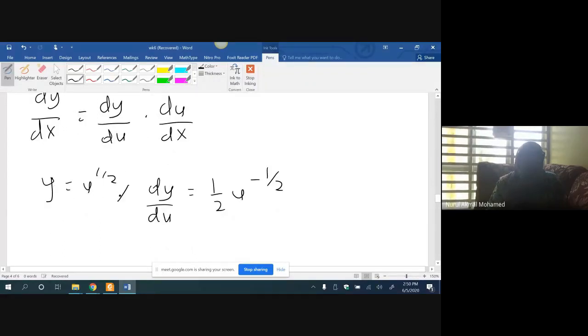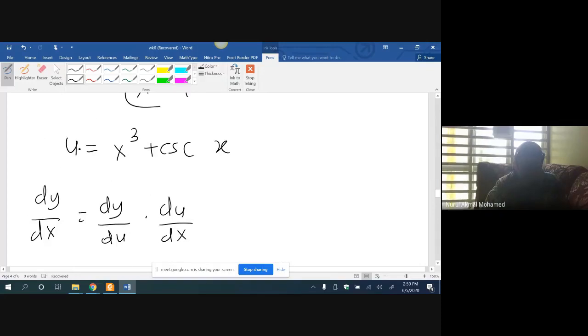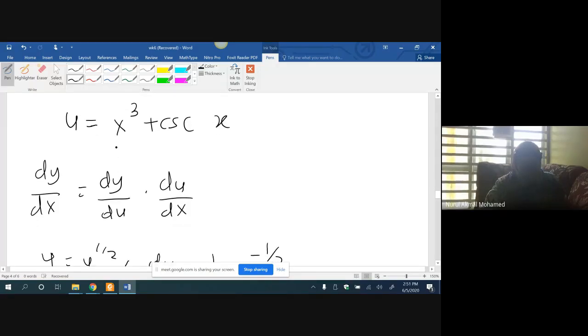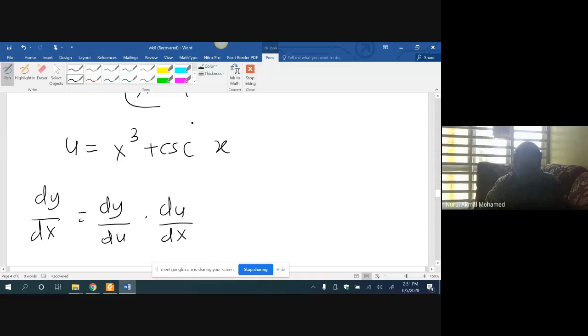And then what about du/dx? The function u is this one. You differentiate u with respect to x. This one you can solve by using power rules. It will be 3x squared. What about cosecant? What is cosecant? 1 over sine, isn't it?